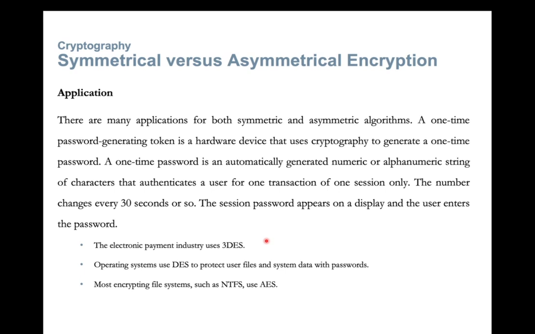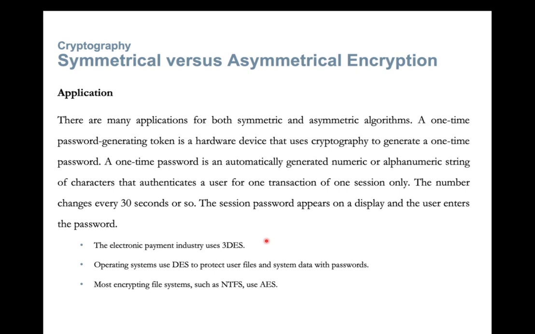The session password appears on a display and the user enters that password. The electronic payment industry uses triple DES. Operating systems use single DES to protect user files and system data with passwords. And most encrypted file systems, such as NTFS, use the Advanced Encryption Standard.